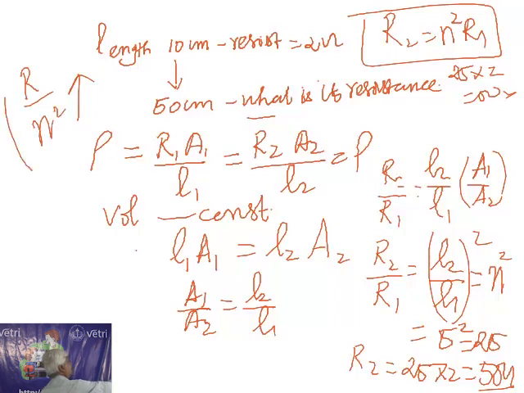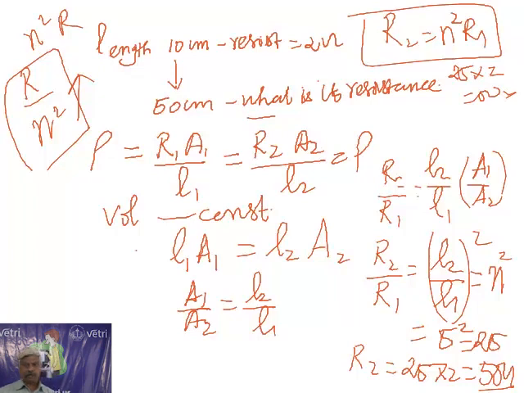For wires that are contracted, it is R by n squared; for wires that are extended, it is n squared R. So you have to keep two formulas: n squared R for extension, and R by n squared for contraction. Here, the 50 ohm is divided by n squared, n being 5, so 5 squared is 25, and 50 by 25 is 2.